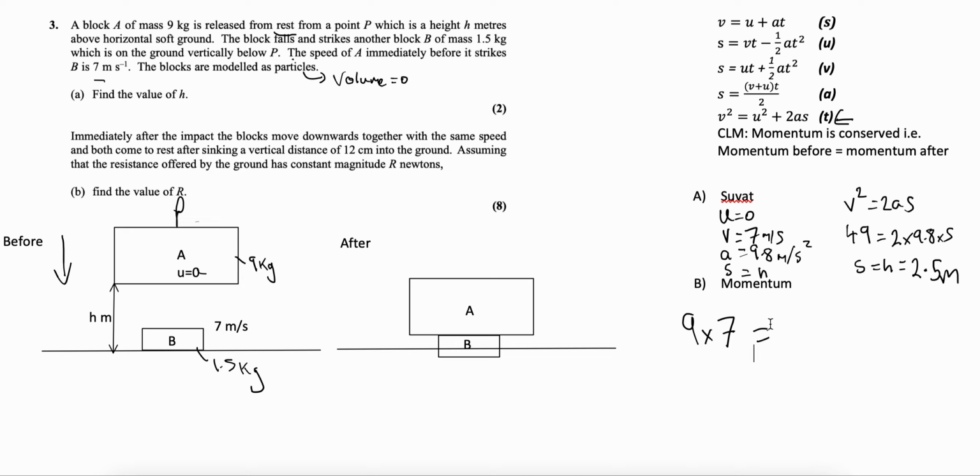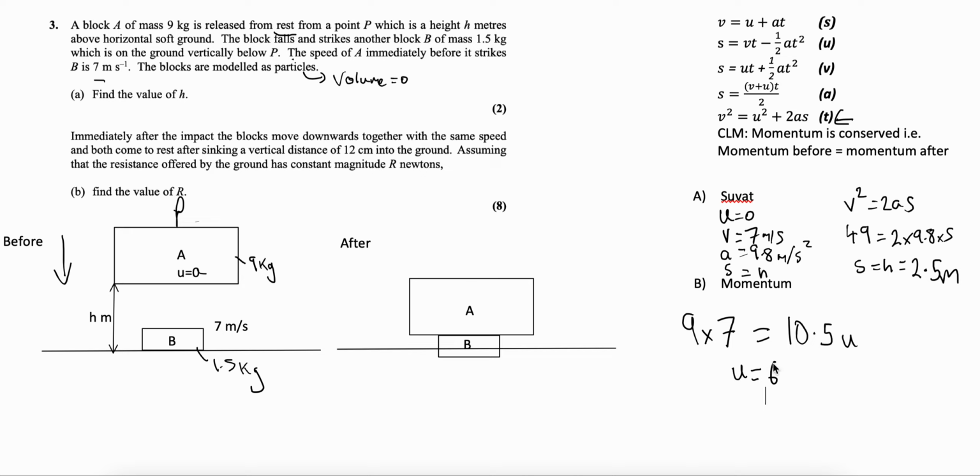And afterwards, we have a combined mass, so it's 10.5. So what is the velocity we will find? So that will just be 63 divided by 10.5, which will give you a v value of 6.